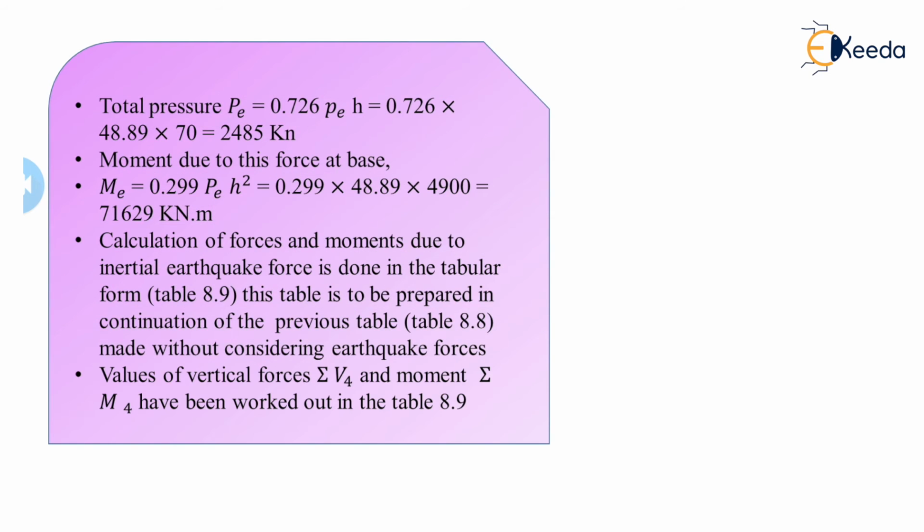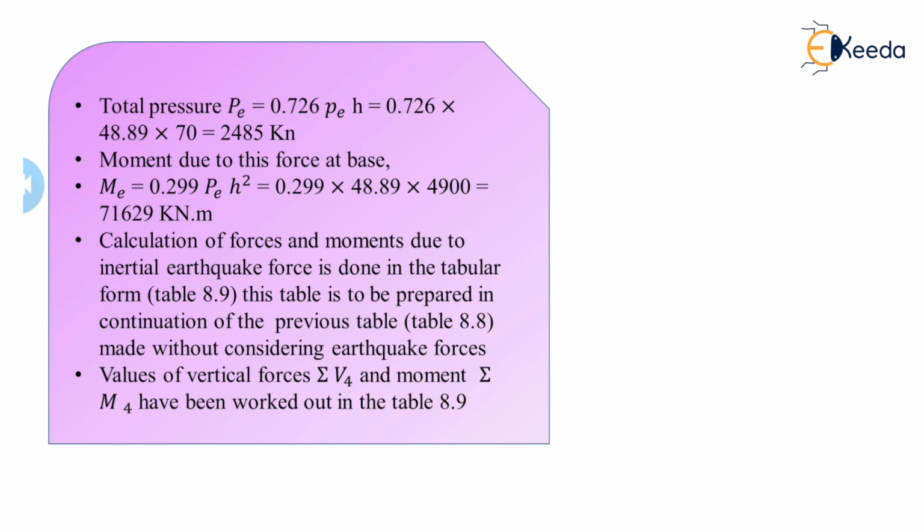So the total pressure, that is capital PE finally, okay, will be found out by using 0.2726 into small PE into H. So simply substitute the small PE value, that is 48.89 kilonewton per meter square here, and finally we will get the force as 2485 kilonewton.